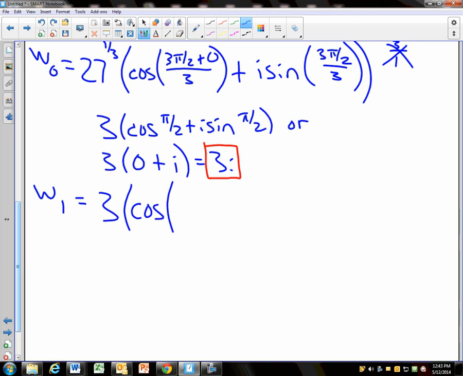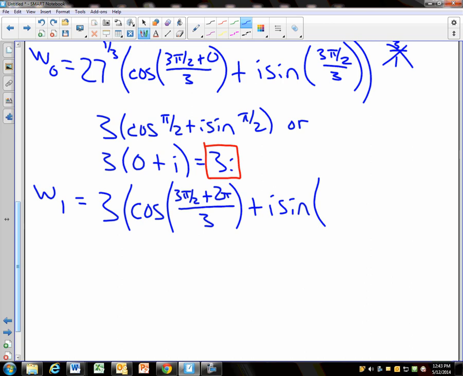What's our angle? 3 pi over 2 plus 2 pi k. What is k right now? k is 1. So plus what? 2 pi over 3. Plus i sine of. Now, as Taylor said before, we write the same thing, correct?